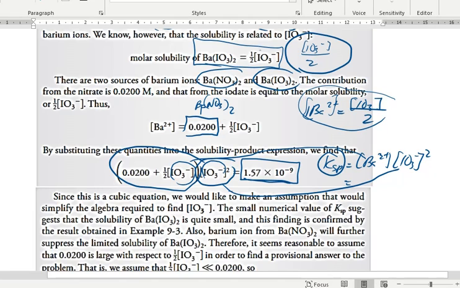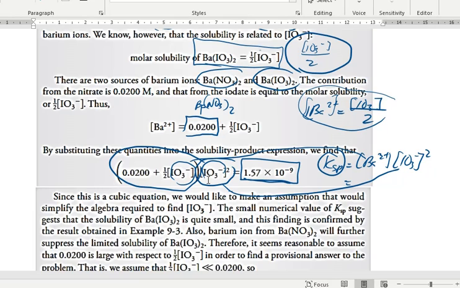Now, if you use the calculator, you can just directly input this equation and solve for x, and then you find the concentration of IO3. But if you're not using a calculator, for example if an exam won't allow you to use one, you have to simplify this to make it easier to solve, because this is a cubic equation.